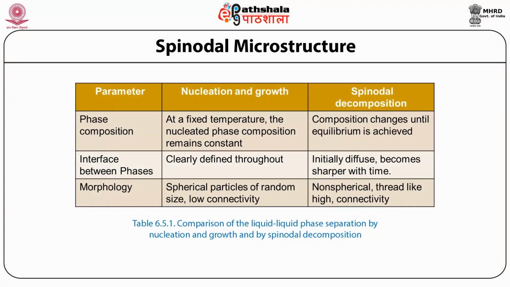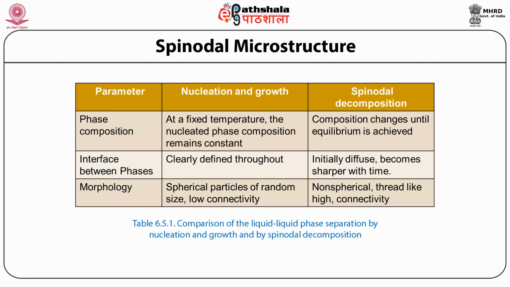Now this table summarizes the differences between the phase separations by nucleation and growth and by spinodal decomposition. You can see that the parameter, that is phase composition, differs in both the cases. First case is nucleation and growth and second is spinodal decomposition.